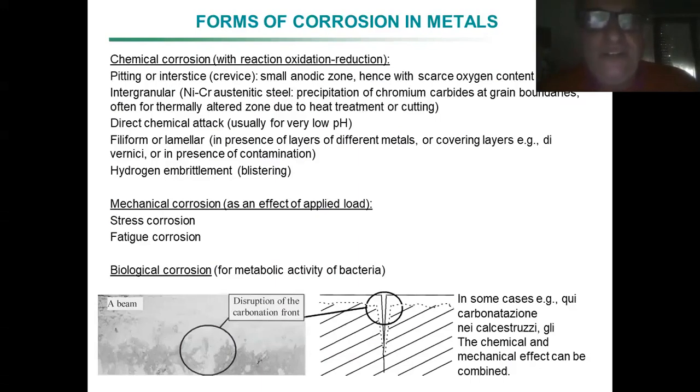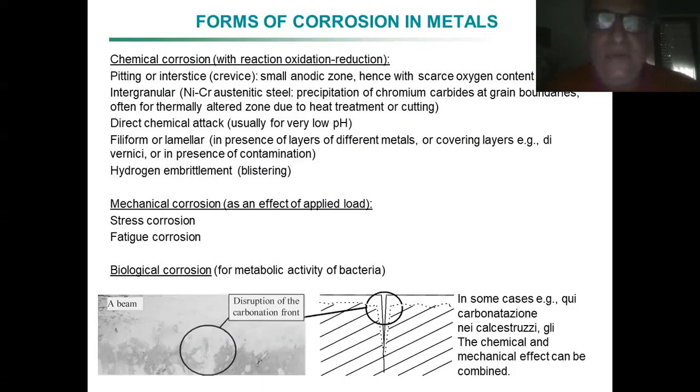Of course, fatigue is a very difficult problem in engineering, and there is also corrosion fatigue. The metal can also get corroded because it has been used a large number of times, and so it was subjected to a stress which was high, or it was subjected to fatigue, and the two things combined.